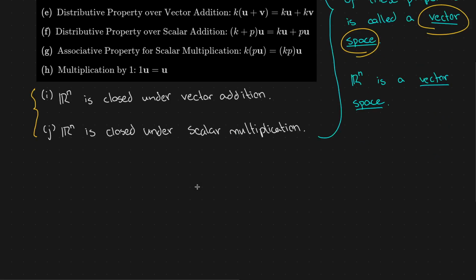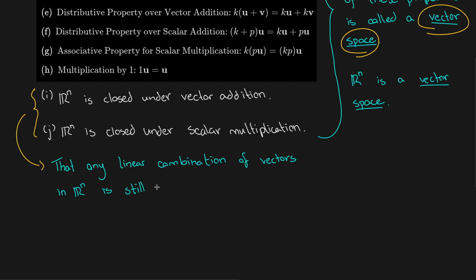Because if we put these together, these two properties imply that any linear combination of vectors in Rn is still a vector in Rn. And that's really what we want.